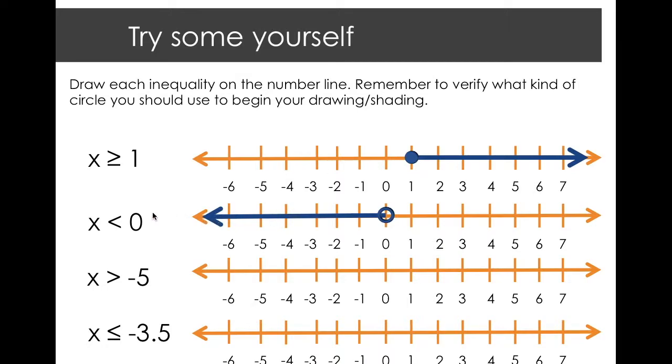Notice how my arrow corresponds to the direction in which my inequality sign is pointing. For x is greater than negative 5, well, negative 5 open and arrow going towards the right. And for my last one, it's going to be closed at negative 3.5 because it's included, and it's going to be facing towards the left.